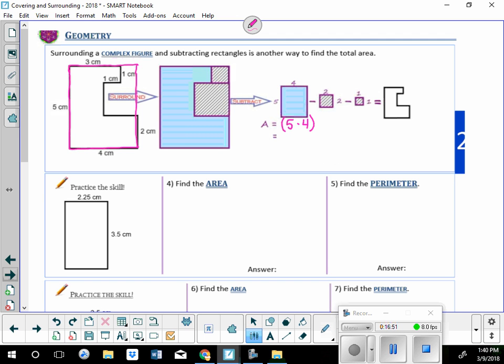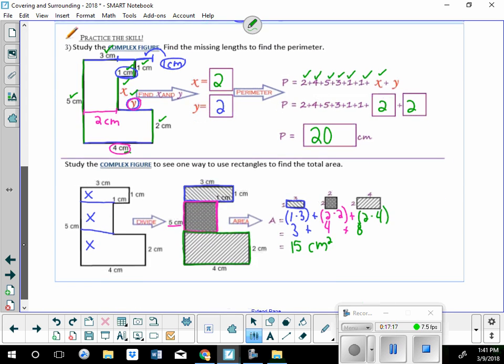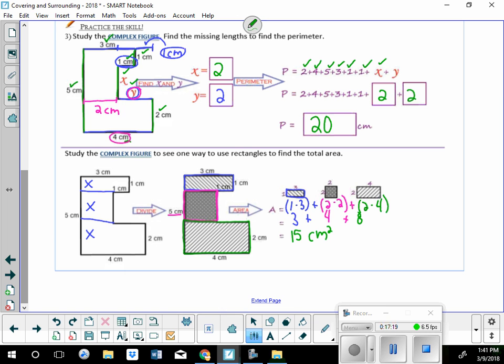So I want to start with this portion right here, which in this diagram is this part right here. I'm going to subtract it because it's not actually there. And looking at my previous page, if I look at x and y, those were 2 by 2. This is where x was and this is where y was.